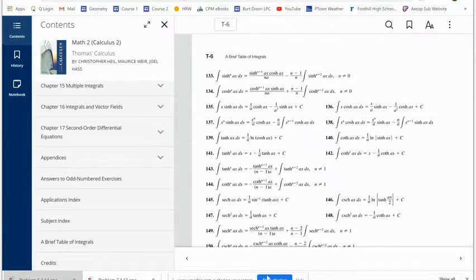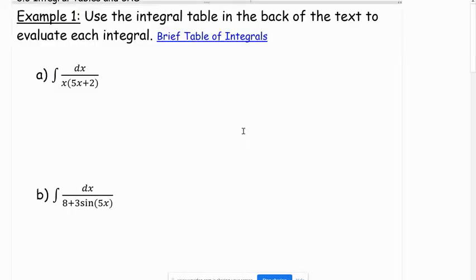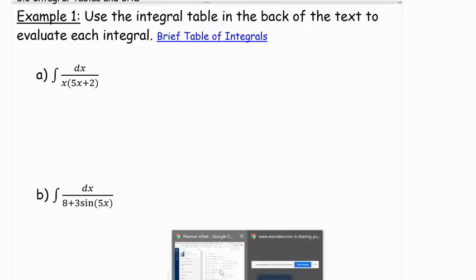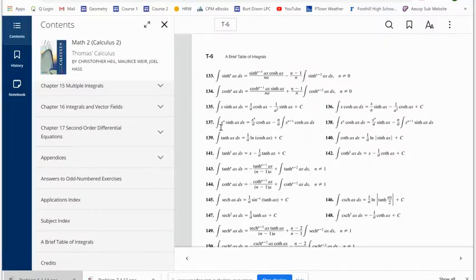Okay, so we'll go back to some problems here, and we'll get some practice using this table of integrals. The table of integrals is organized by format. On this page, we have a bunch of integrals that all seem related to hyperbolic trig functions.